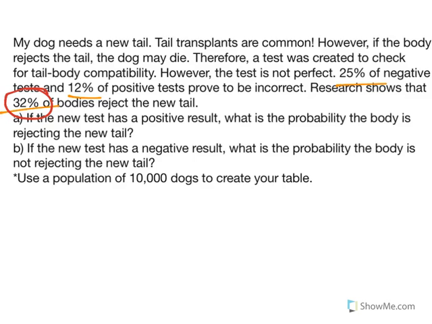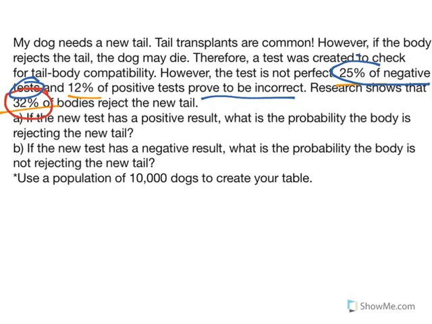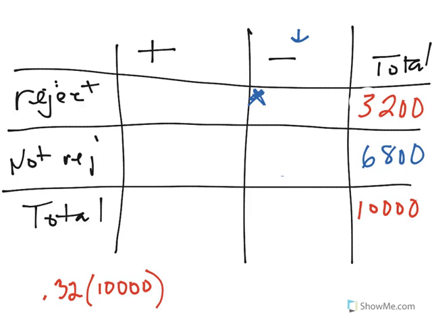So let's go back, and it says 25% of negative tests are incorrect. Okay, so here's our negative test line. If the negative test, we would expect it to be not reject, right? Negative, negative. So if it's incorrect, that's here. So our blue X, again, we're talking about this one, that's 25%.